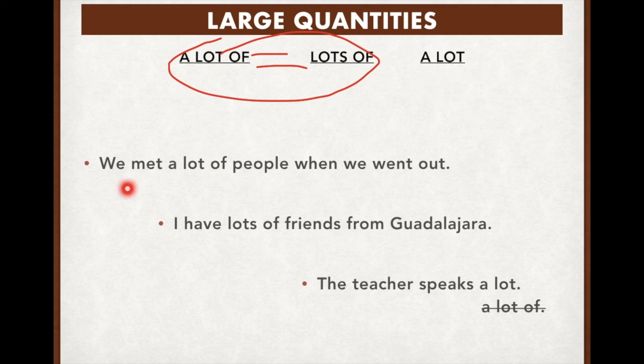So for example, here we don't meet a lot of people when we go out. I don't have lots of friends from Guadalajara. I only have one or two. The teacher doesn't speak a lot. Okay. Does your teacher speak a lot? Yeah, sometimes. So, yeah, we can use them when talking about a large quantity. A lot. Okay.